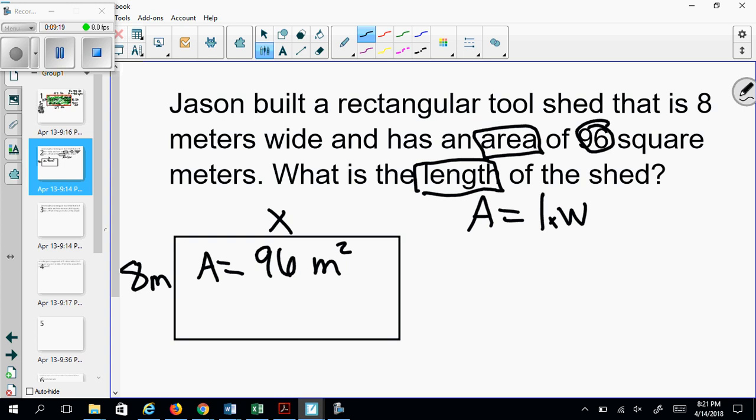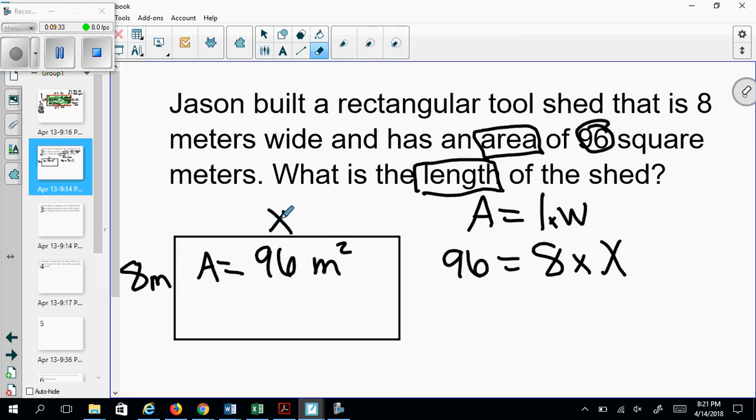Now, if you are given the area, so for us that's 96, it's going to equal 8 times something, and that something right now is X, and you're not supposed to use X as an unknown here, so we're going to change that to A, because X is a little too confusing for us right now. So we're going to use 8 times A.